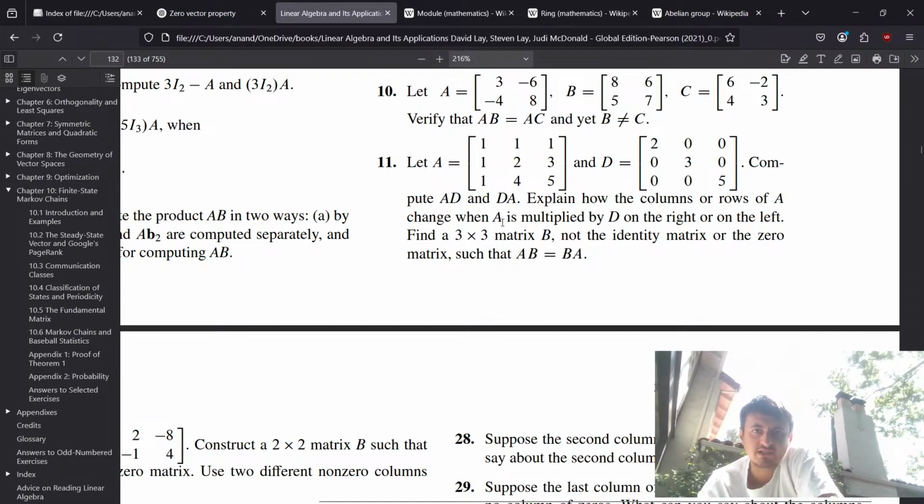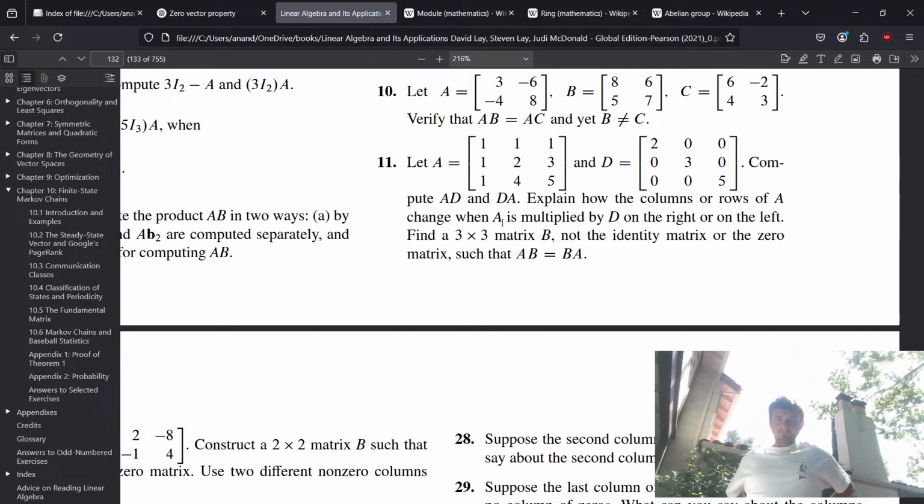Explain how the columns or rows of A change. Okay, number 11 looks pretty good.